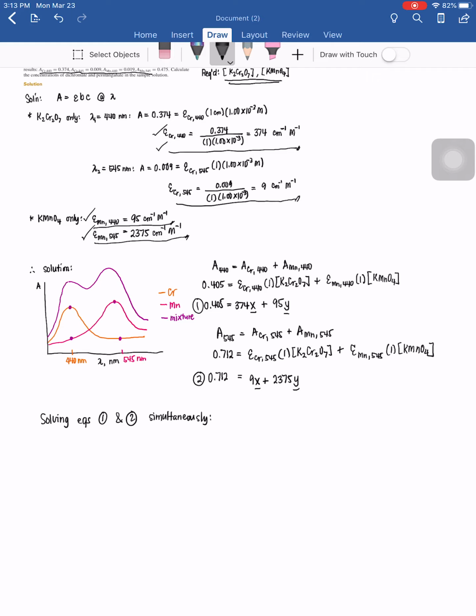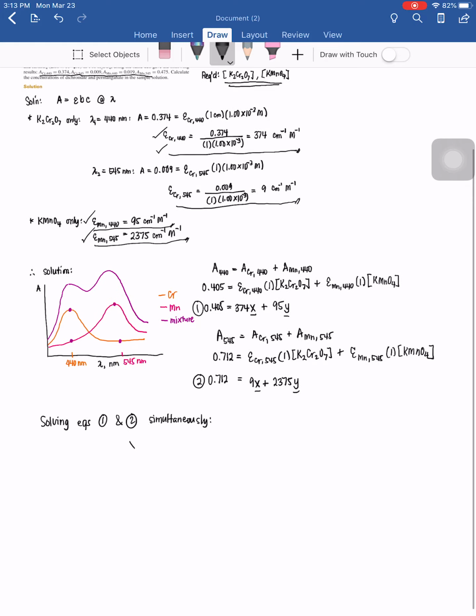So inputting all of this, I should be able to get the value of X and Y. For X, I have a value here of 1.008 times 10 to the negative 3. And for Y, I'll press the equal button once more. I should get a value of 2.960 times 10 to the negative 3.